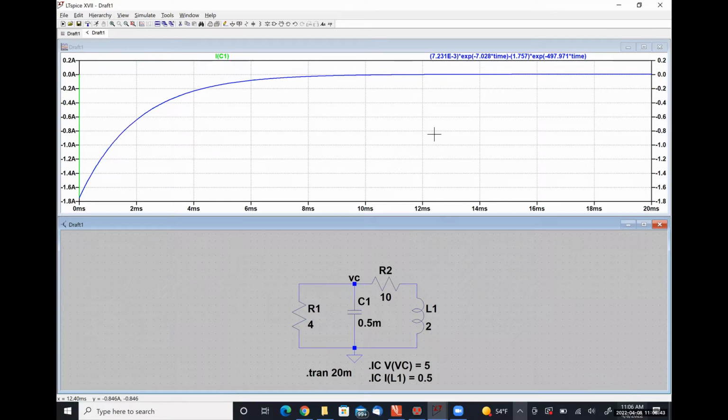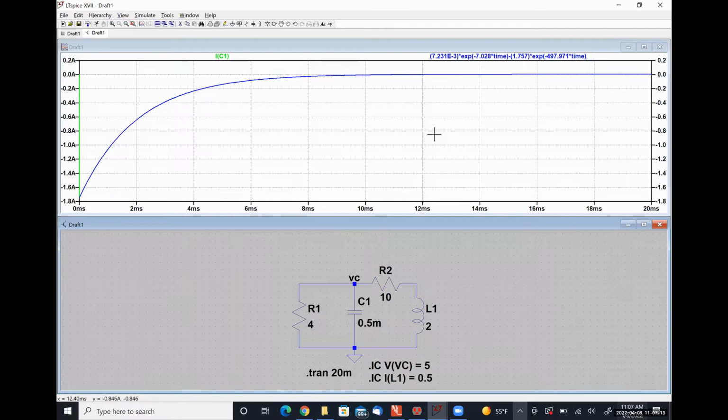Did I make a mistake in calculating alpha and omega naught, or did I make a mistake in the sometimes terrifying amount of algebra that is required to develop that second order differential equation? So I would encourage everybody to be ludicrously meticulous about the algebra that they're doing when deriving that differential equation, because that's where probably the most common mistakes are going to be.